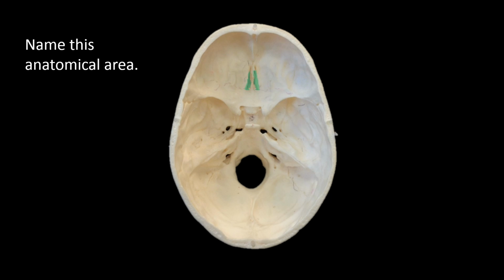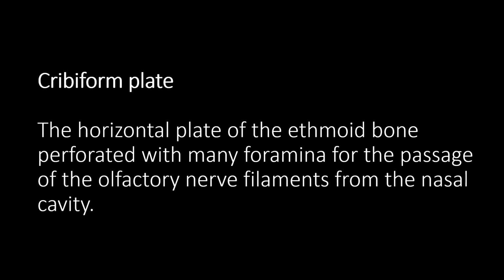Name this anatomical area. Cribriform plate. The horizontal plate of the ethmoid bone, perforated with many foramina, for the passage of the olfactory nerve filaments from the nasal cavity.